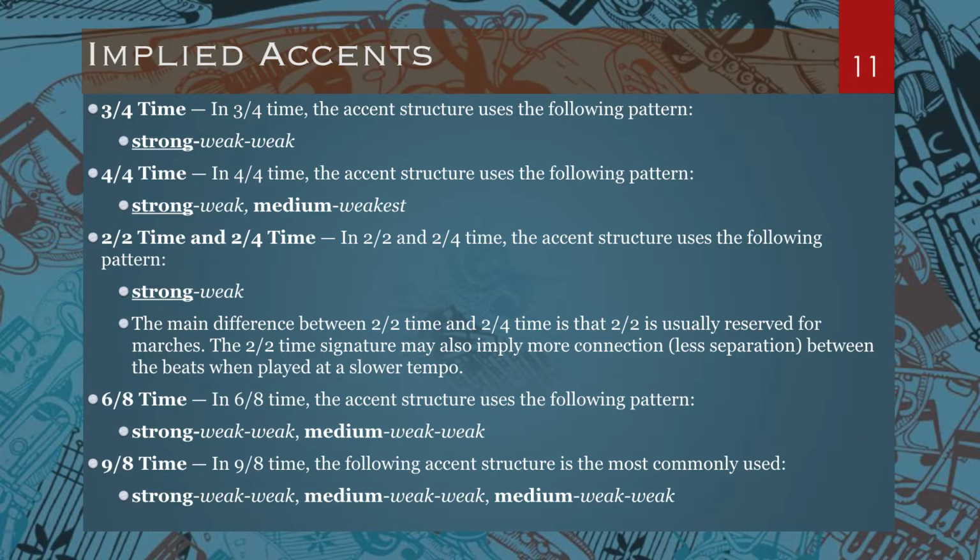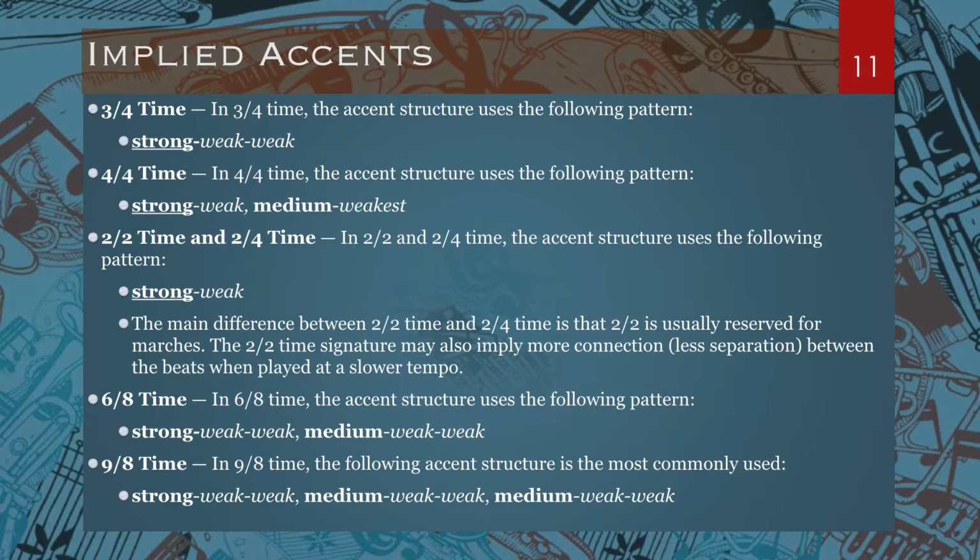So it's subtle. The weak beats tend to sound very similar, but the most important part of 4/4 time is that the first beat is the strongest, and then the third beat is the second strongest. Otherwise, it sounds like 2/2 time or 2/4 time.